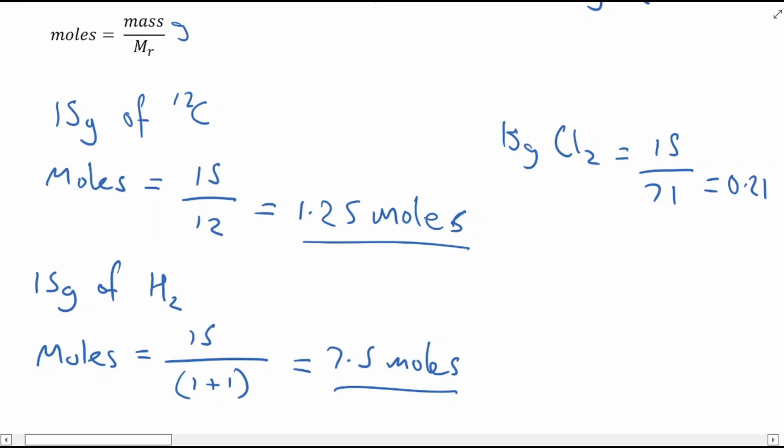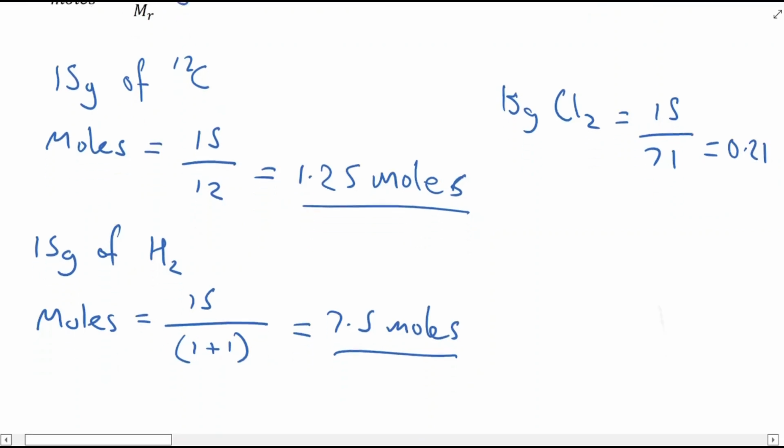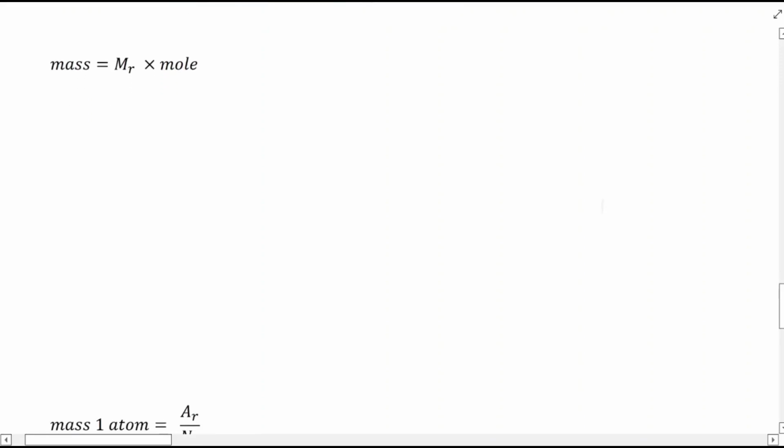So it doesn't matter what mass we've got. Most people don't remember it in that format. Most people choose to remember it in this format: mass equals Mr times moles. Our mass is equal to the relative molecular mass times the number of moles. So we're after this, and then we can just rearrange from here if we need to. This is the way it is often most memorable.